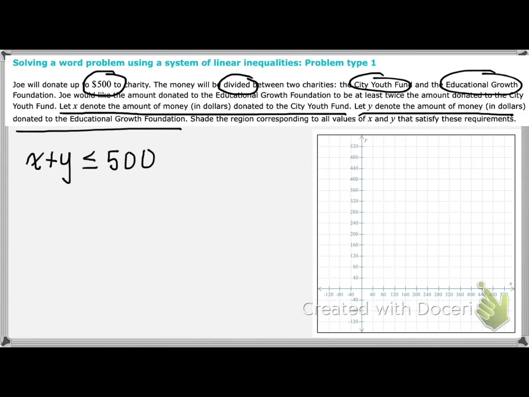There's another stipulation here, or another constraint, where Joe would like the amount of money to the Education Fund to be at least twice the amount donated to the City Fund. All right, so he wants some relationship here between x and y.